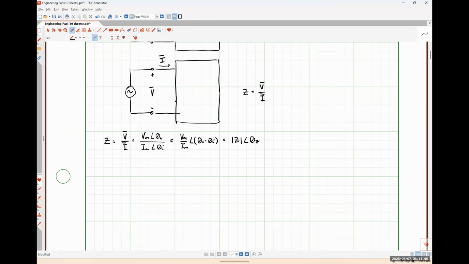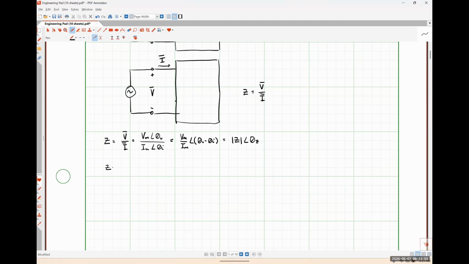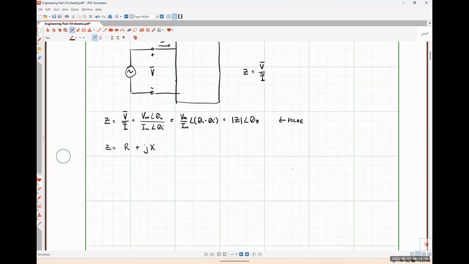Impedances are given in this form on occasion, but it's more regular for us to present an impedance in rectangular form, okay? So let me just make a note here, this is polar. In rectangular form, our impedance Z is going to be expressed typically as R plus jX, okay?